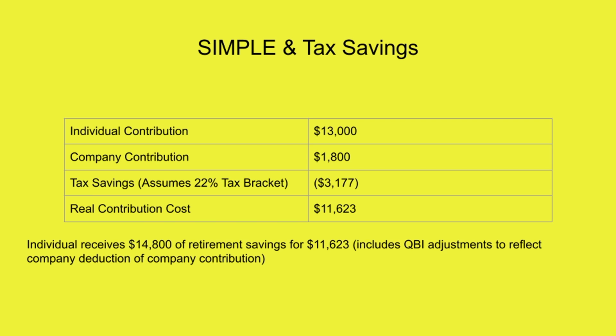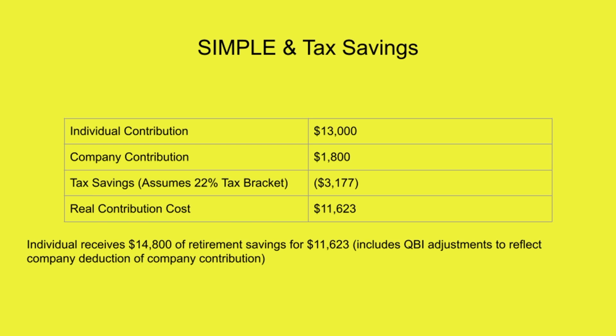So someone paying themselves a salary of $60,000 before all their profit can contribute $13,000 to the retirement plan, which they will deduct from their taxes. Keep in mind they have to pay taxes on the company profits, but the company profits are going to be reduced by $1,800. So you're saving $13,000 on the personal side and $1,800 on the business side from your taxes.